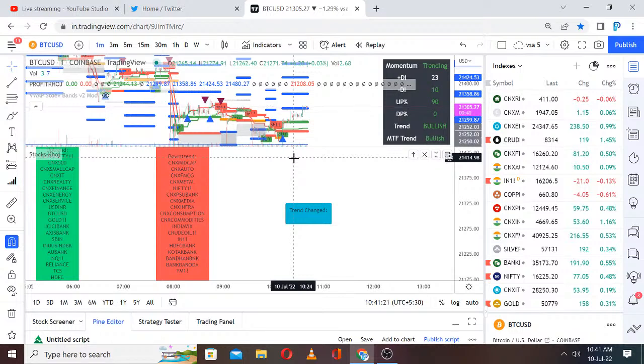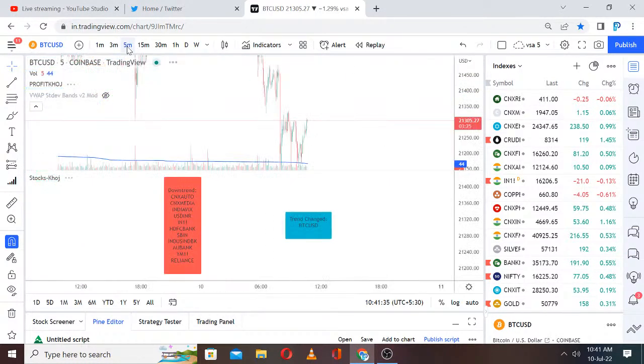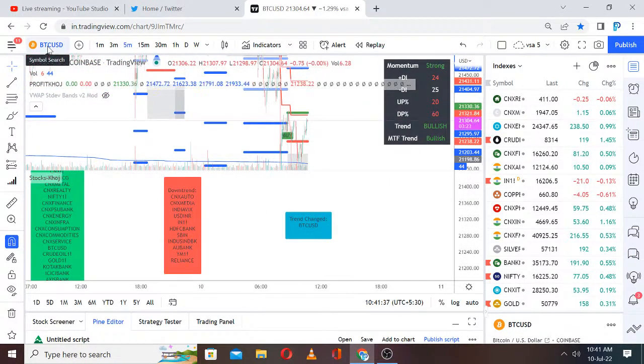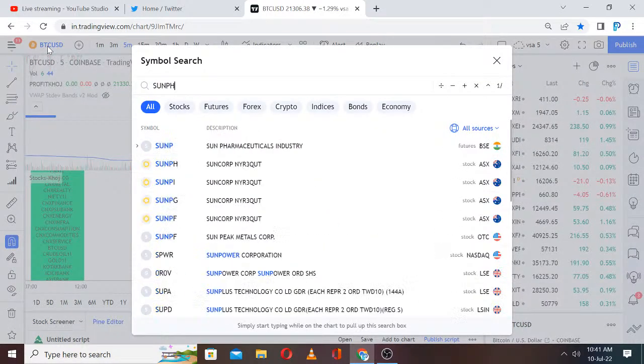Okay, yesterday at 2:35 we had 5 stocks: Sun Pharma, Cipla, Infi, Asian Paint and Britannia. So we'll check if there is a buy signal generated here at 2:35. Sun Pharma.